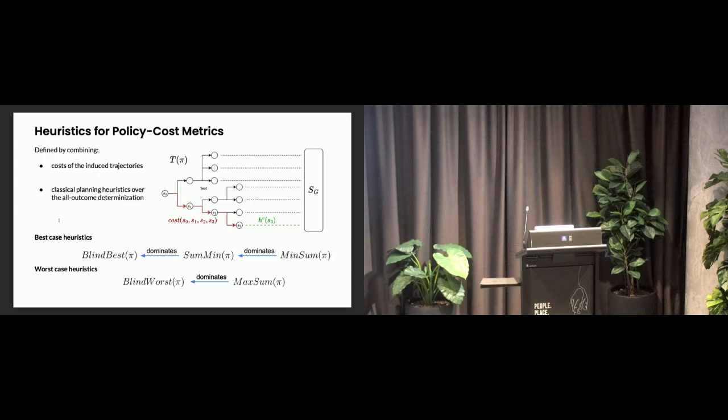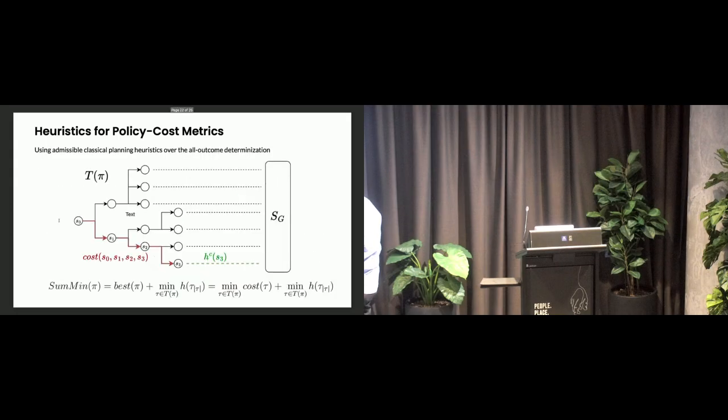For example, you can minimize all of these costs and minimize all of these heuristic values, and you get one heuristic. This is the one we call the sum of minimums. Here you can still see the G component and the H component.